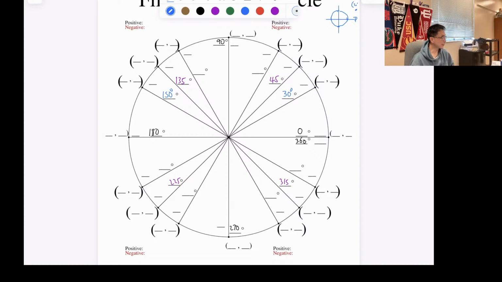Too fast? Okay. How about this one? I'm gonna call Anna. What do you think this one is? 210. Yep. It's 210. You're absolutely right.